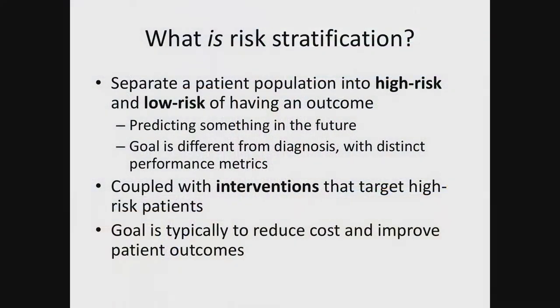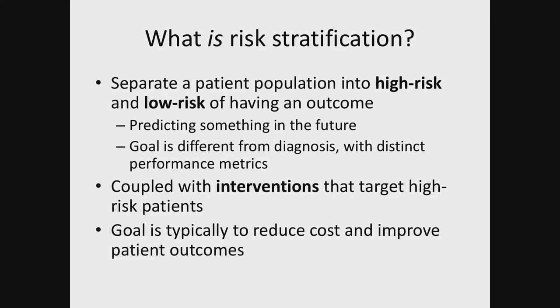So what is risk stratification? At a high level, you think about risk stratification as a way of taking in a patient population and separating out all of your patients into one of 2 or more categories: patients with high risk, patients with low risk, and maybe patients somewhere in the middle.